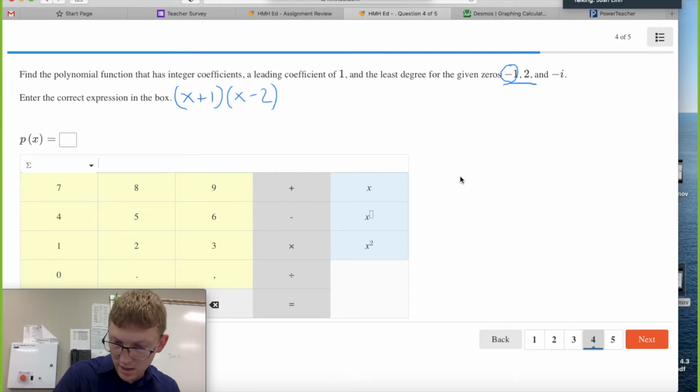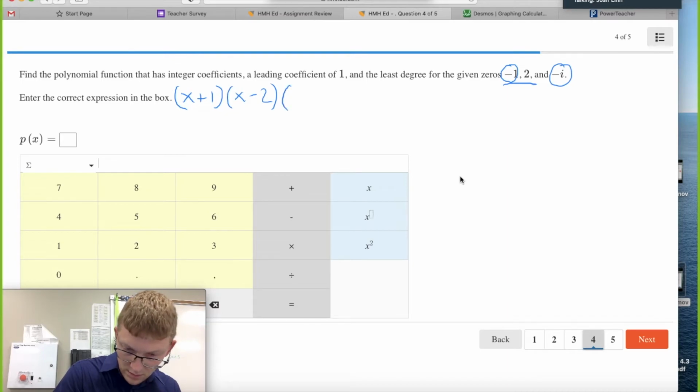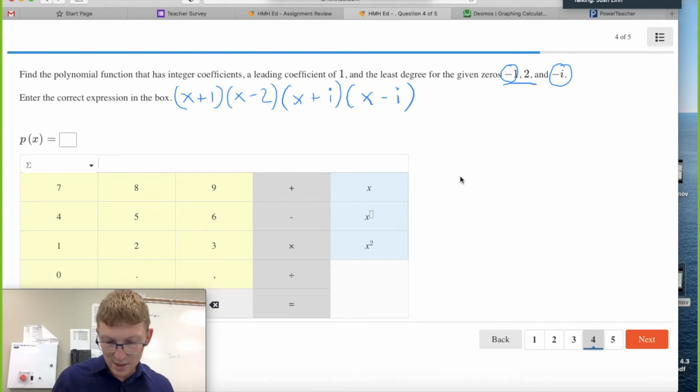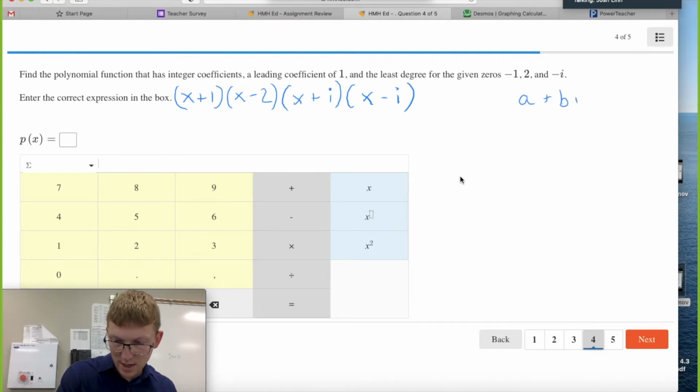So there's 2 of our roots. And then we've got a -i. So we can just do x plus i, but we also have to include the reciprocal. So in this case, it would be x minus i. So what is actually happening there? If you remember, all complex numbers are in the form of a plus bi, where a and b are real numbers.